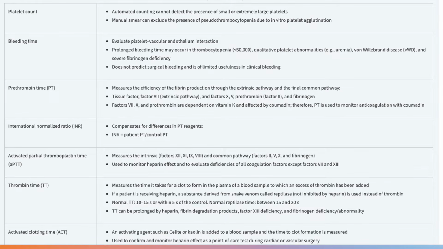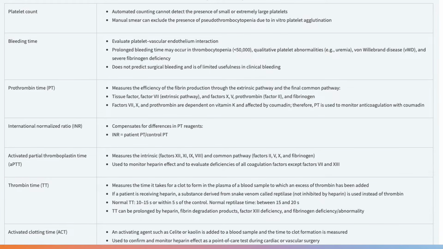Prothrombin time, that is the PT, which we regularly order, measures the efficiency of the fibrin production through the extrinsic pathway and the final common pathway: tissue factor, factor 7, that is within the extrinsic pathway, and factors 10, 5, prothrombin, and also fibrinogen.